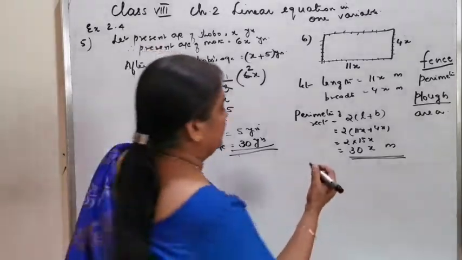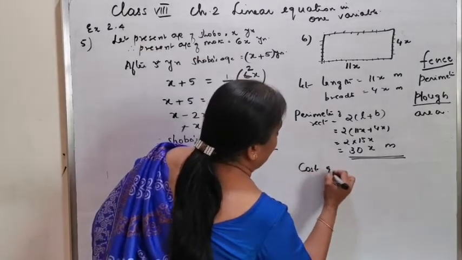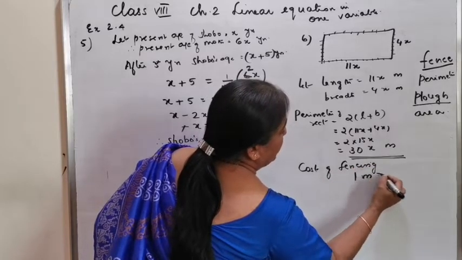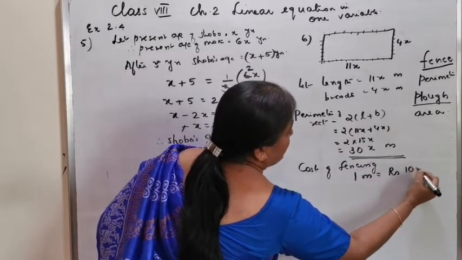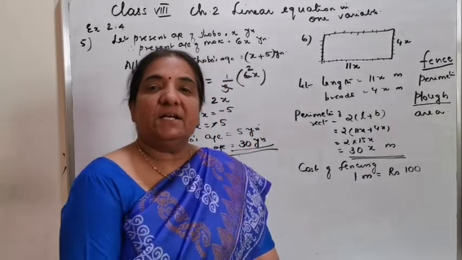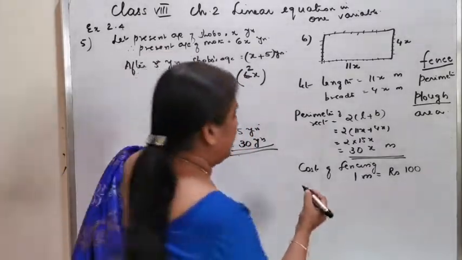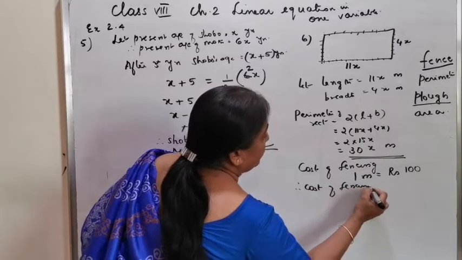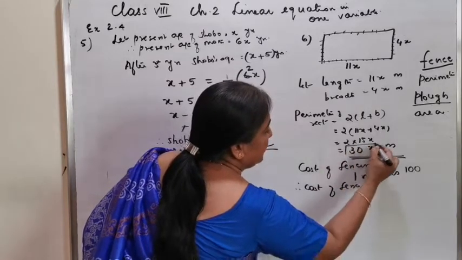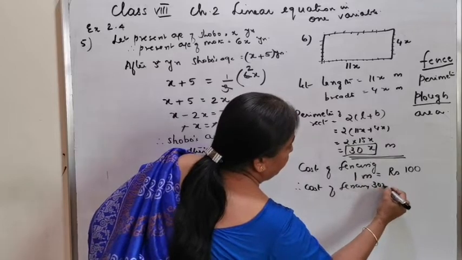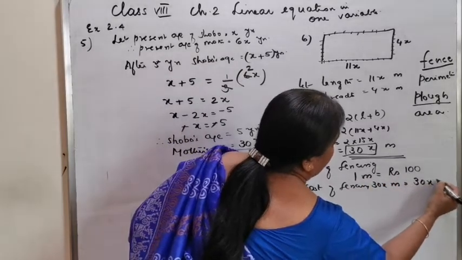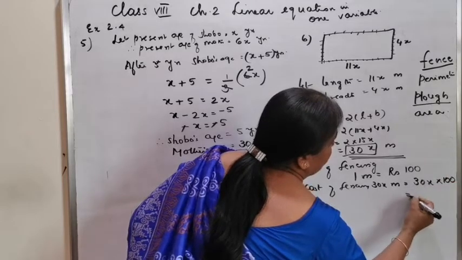Cost of fencing 1 meter is rupees 100. It is given in the question. Immediately, what is the cost of fencing 30x meter, which is equal to 30x into 100, which is equal to 3000x rupees.